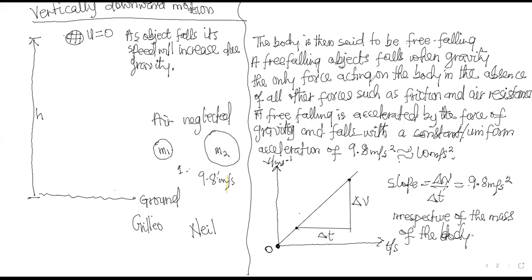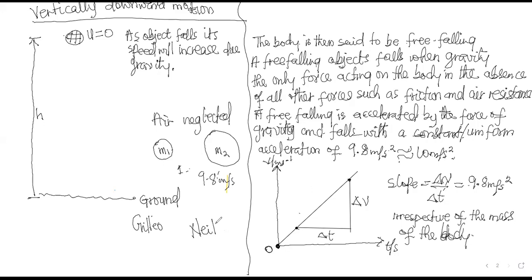So when two different objects of different masses are dropped, in the absence of all other forces such as friction and air resistance, they all fall equally with the same velocity, and it doesn't matter the size or the mass of the object. They must all drop to the ground at the same time, and this is free falling.